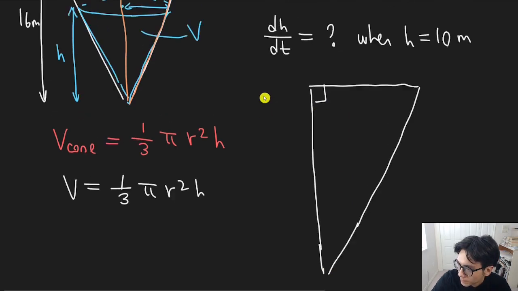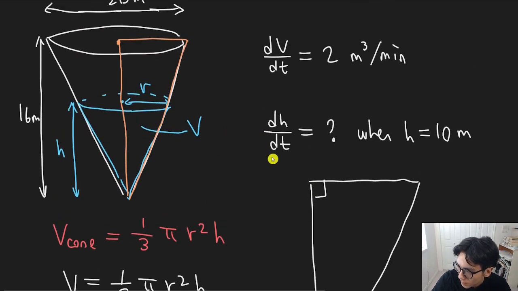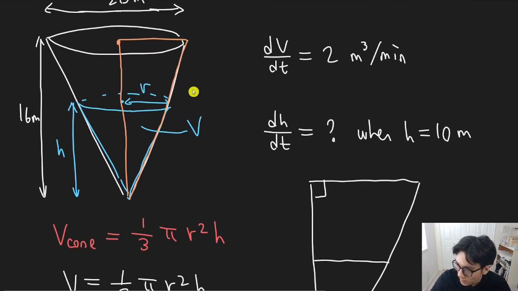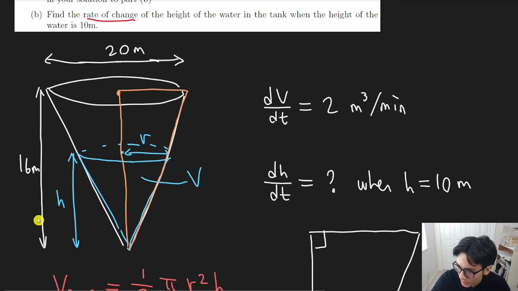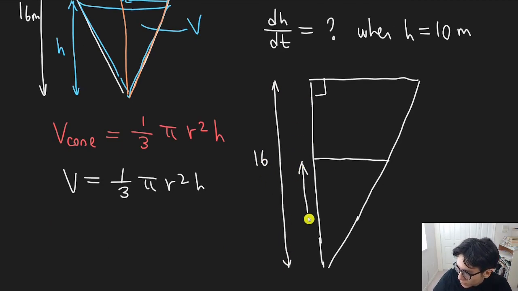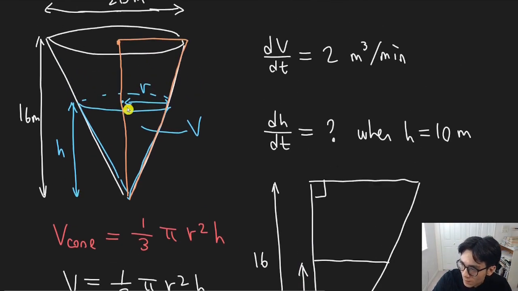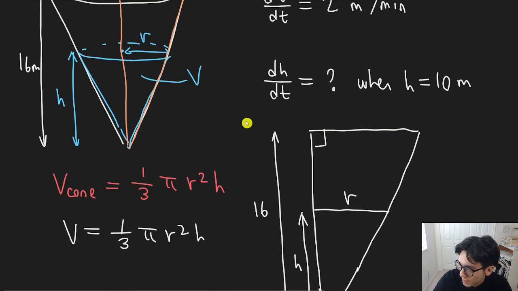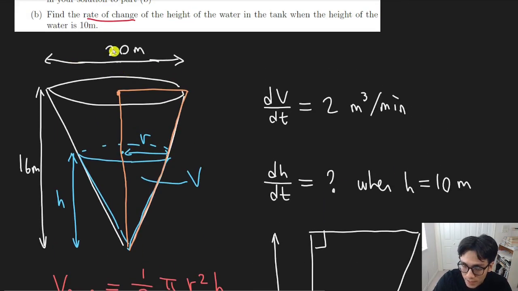Okay, it's a right triangle. And we want to measure some of the lengths. Here's the top of the water. Now, because the height of the cone is 16, this length is 16. So I could label here as 16. And this is H, from the water. We also have the radius, so that this is R. And this length here, it's not the diameter, but it's the radius.